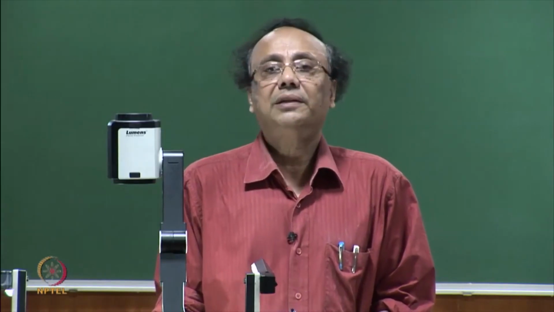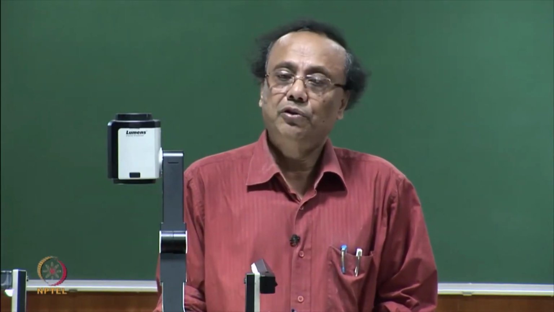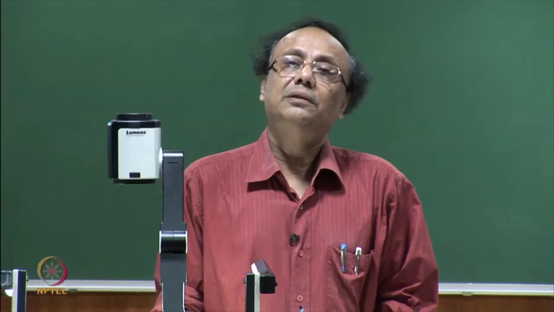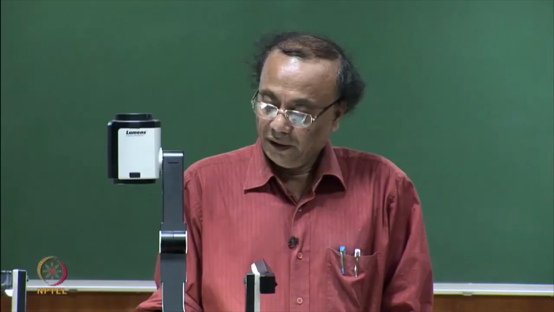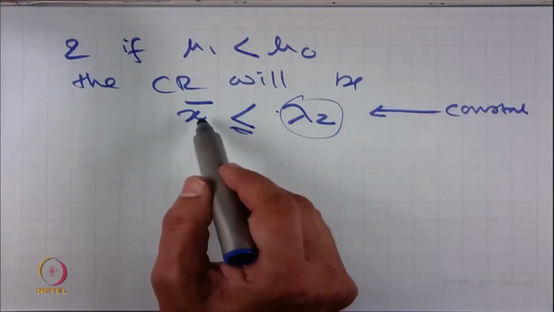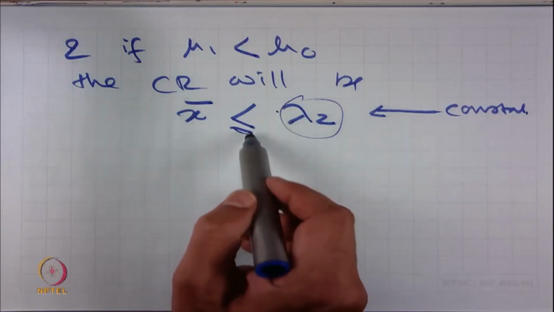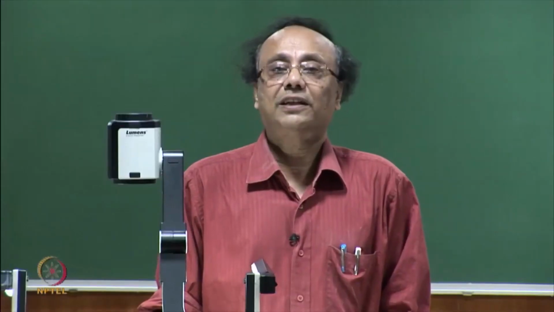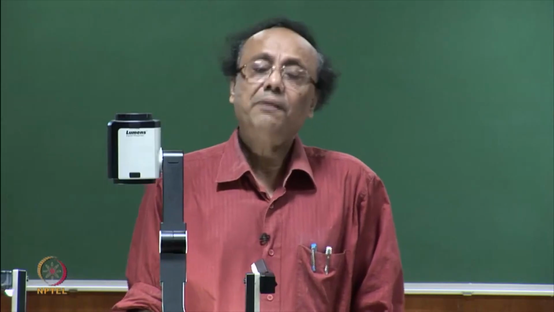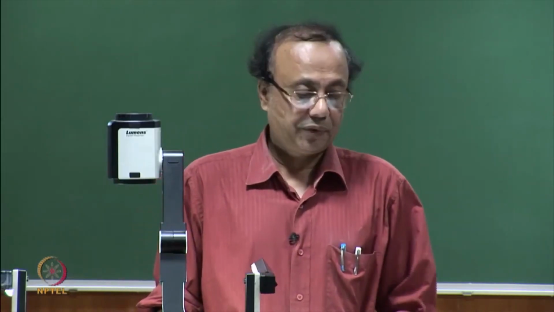Otherwise, we will have to integrate the PDF, or numerically obtain the value of the threshold, so that depending upon whether the statistic is greater than that or less than that, we can take a decision of accepting or rejecting the null hypothesis.